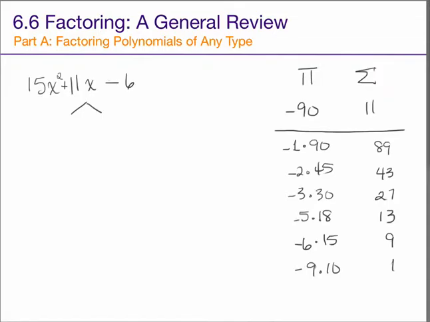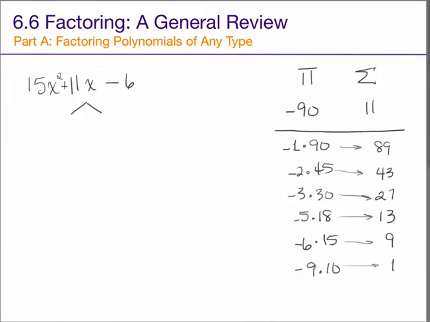The problem is there isn't a way. I've made a complete list of all the ways to write negative 90 as a product of two numbers. And I've added them all together, and all of my results are positive, which I want, but none of my results is 11.